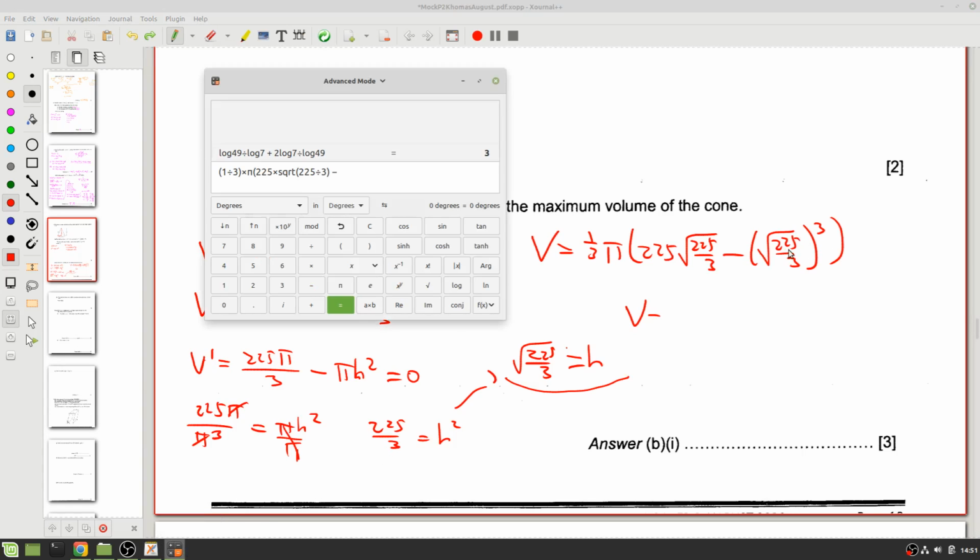I'm just going to say 225 over 3 to the power of 3 over 2. Okay, so 225 over 3 raised to the power 3 over 2.